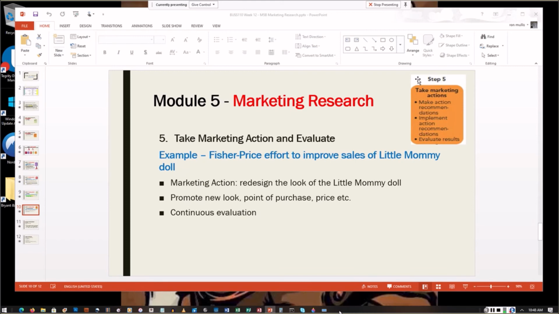The marketing action would be to redesign the look of the product. They'd also have to promote the new look and create a new point of purchase signage for retailers that carried the Little Mommy line. And they had to determine if there would be a new price based on the cost of the new revisions that were made on the doll. So this part is the make and implement actions.